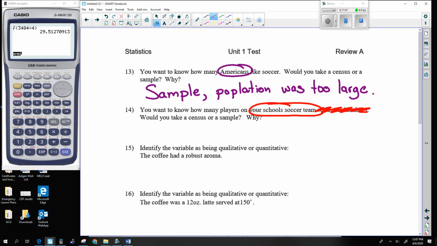Well, that's relatively small. That's 30 people or so, across the levels. So the population of that is relatively small. So you can ask 30 people about that. And so what you can accomplish is your census that you want to take, because the population is relatively small and manageable.